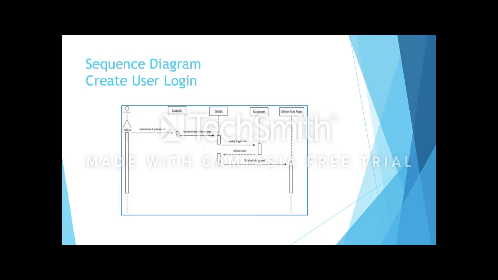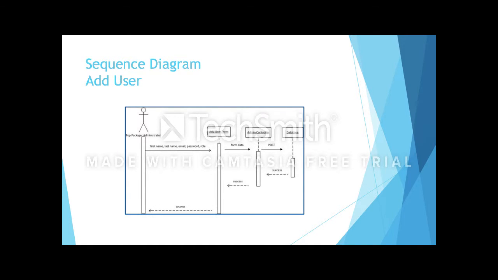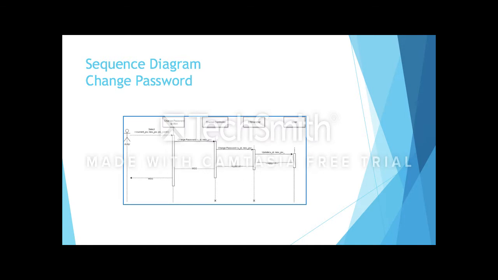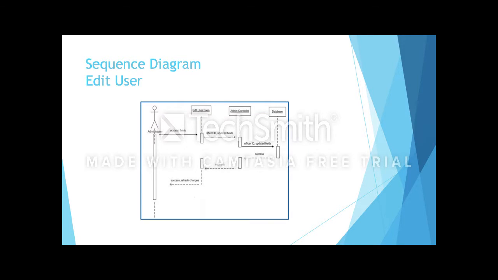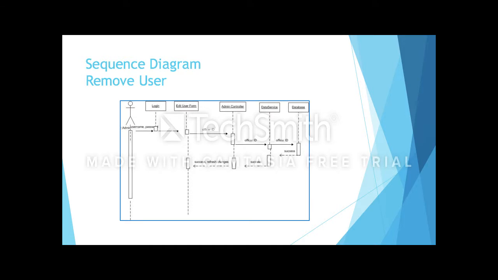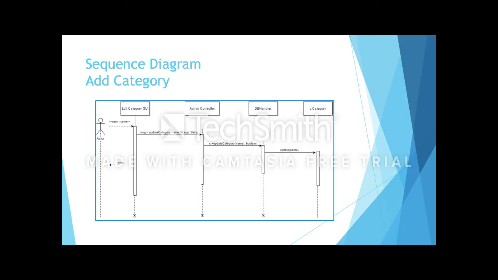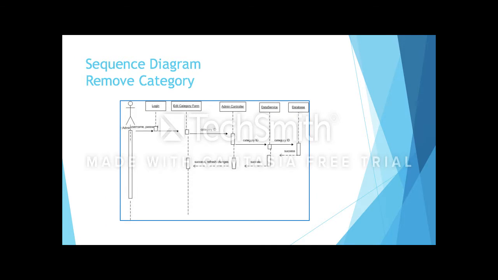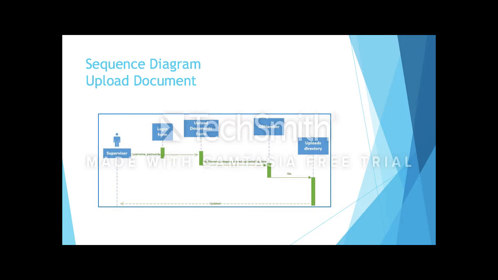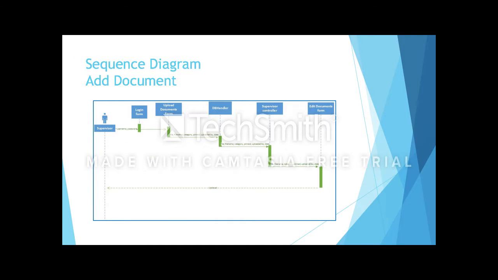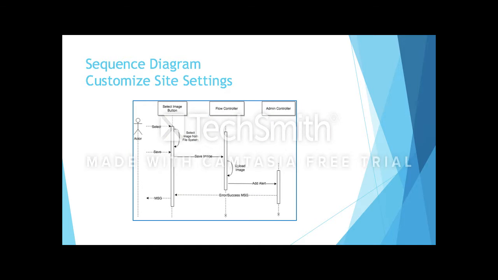I'll start with create user login, add user, change password, edit user, remove user, reset password, add category, edit category, remove category, upload document, add document, customize site settings, and in this case, this is the sequence diagram for uploading a logo, a new image.